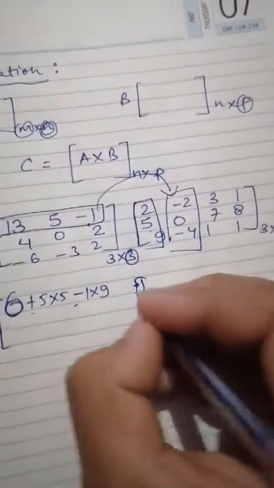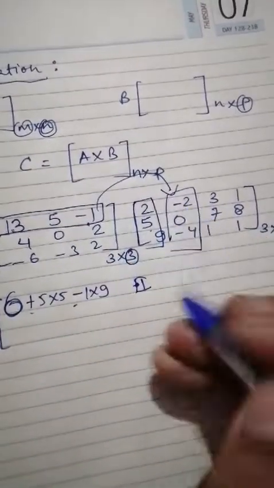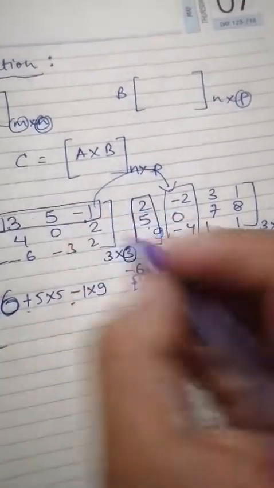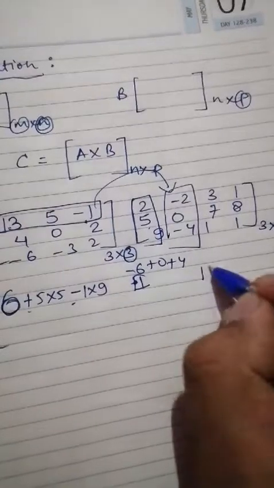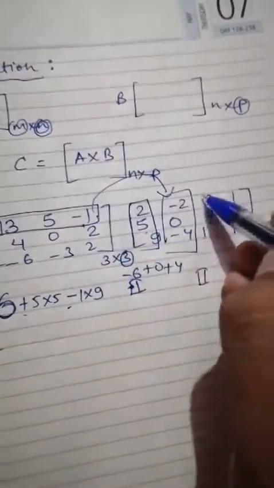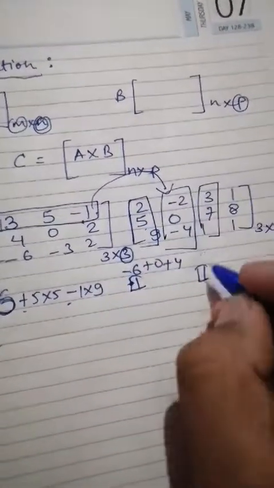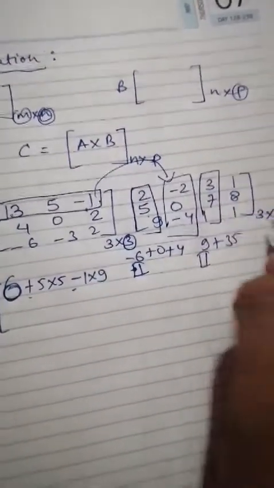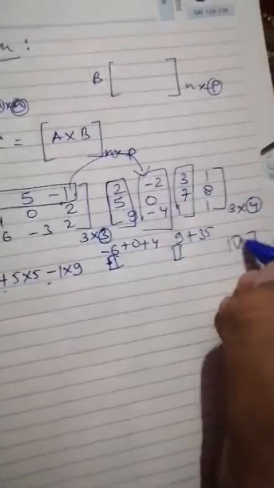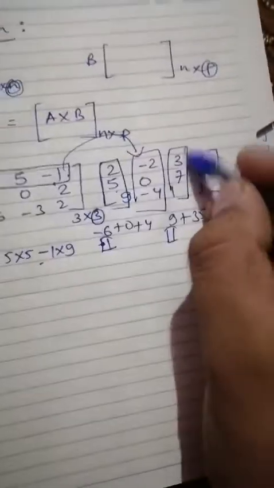It will give the second element: 3 into -2, -6, plus 0, plus 4. Now for the third element here, we multiply this row by this column: 3 into 3, 9, plus 7 into 5, 35. Similarly, -1 into this. For the last, fourth column, we will multiply this row by this column.